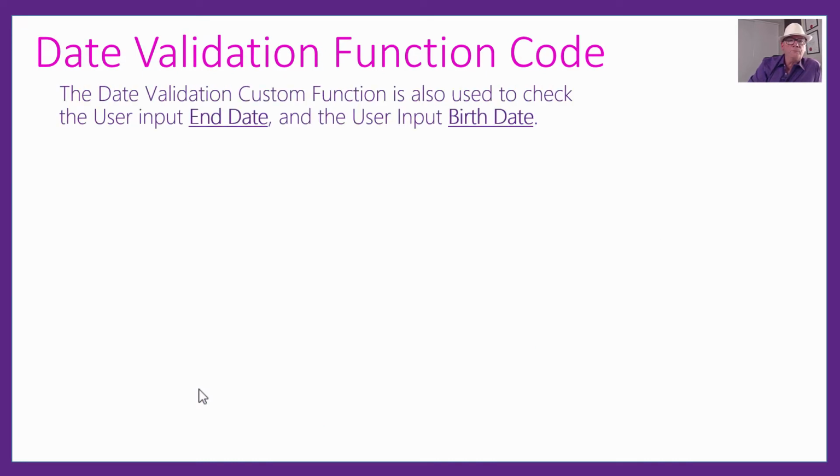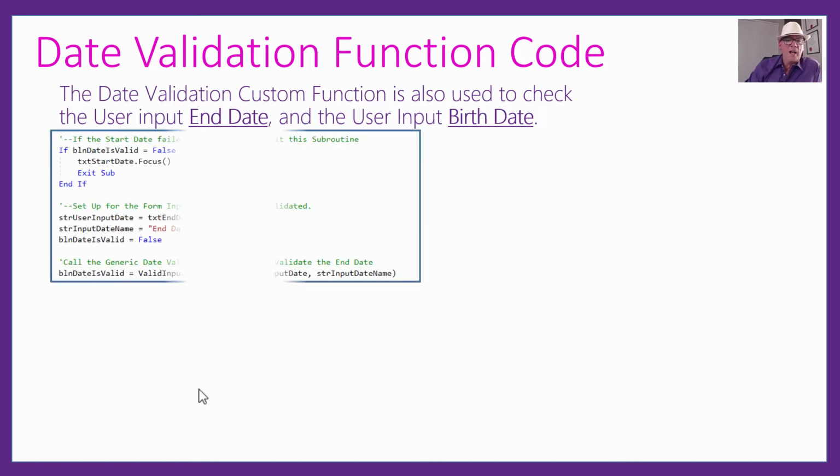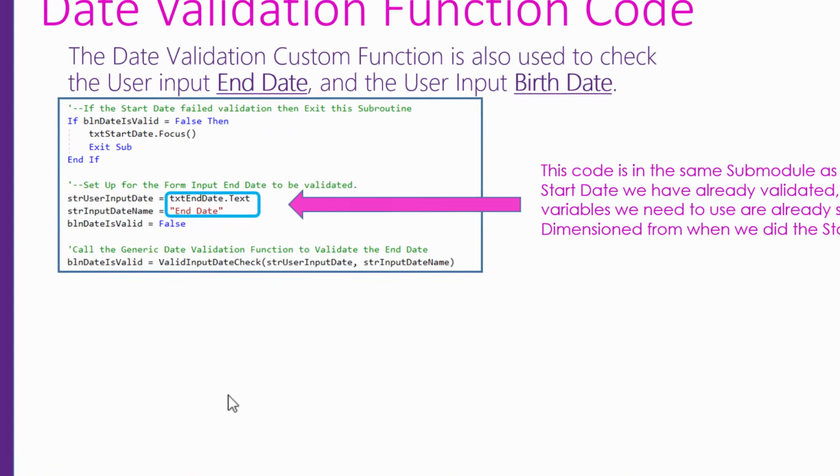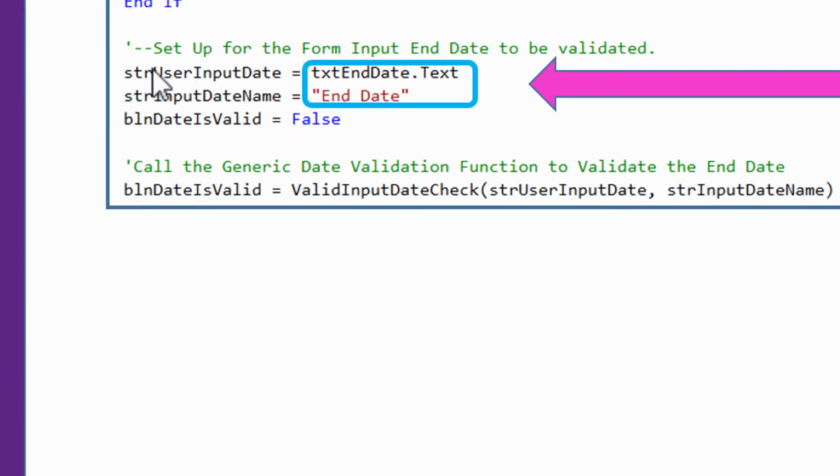All right, so the date validation custom function, we can use that to check the end date and the birth date. So that was kind of the details of the start date. Now, once you've got this function written, it's so good because you can just set up to check another date so easily. So when we want to do the end date, all we have to do here is just say, okay, let's set the string date to be what the date is that they've typed in the text box, and the name of this one, for if we need to do any error message or anything, is the end date that we're doing.